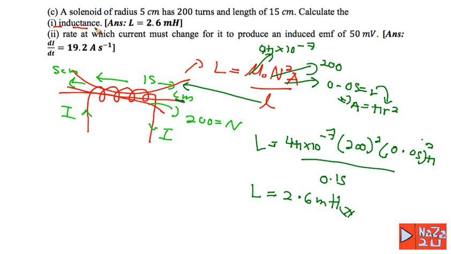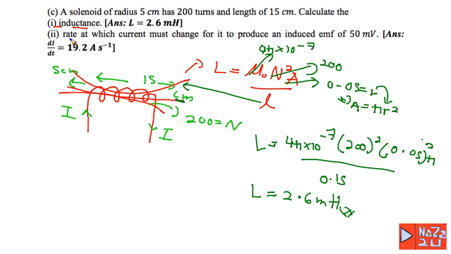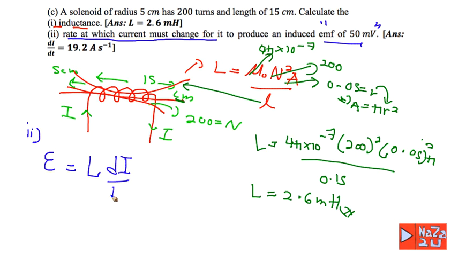And number 2 is: what is the rate at which current must change for its induced EMF to be 15 millivolt? For number 2, you can use the relation between EMF and inductance L. The EMF of the inductor is equal to L times the rate of change of current.